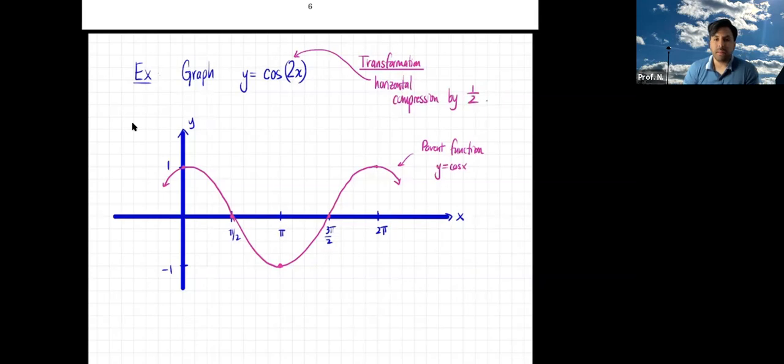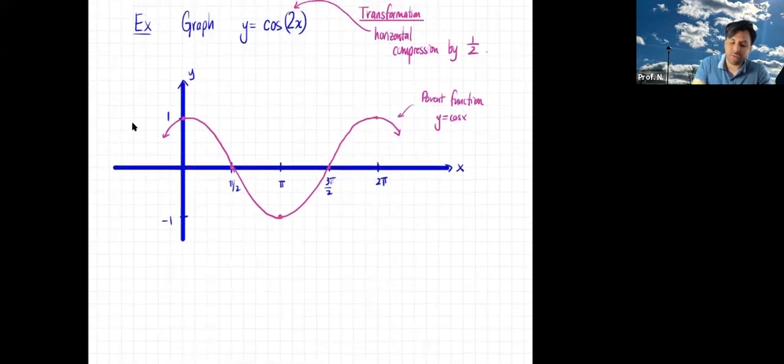What does that mean? That means that instead of seeing a full curve like this, I'm going to compress it by a half. So my new period is no longer going to be from 0 to 2 pi. It's going to be from 0 to pi. So the horizontal compression will affect what?